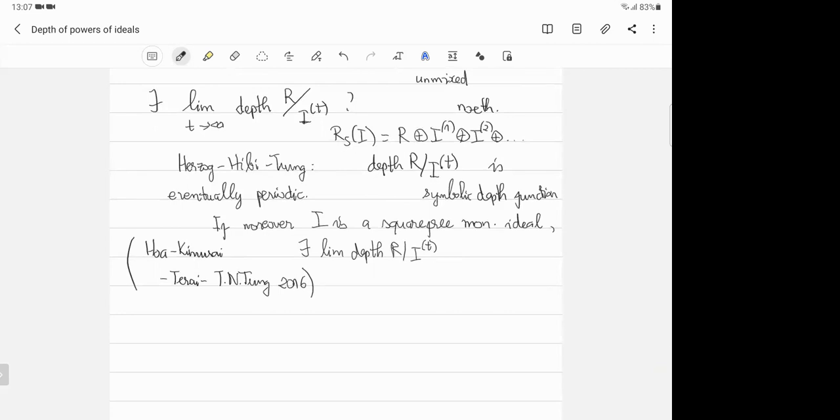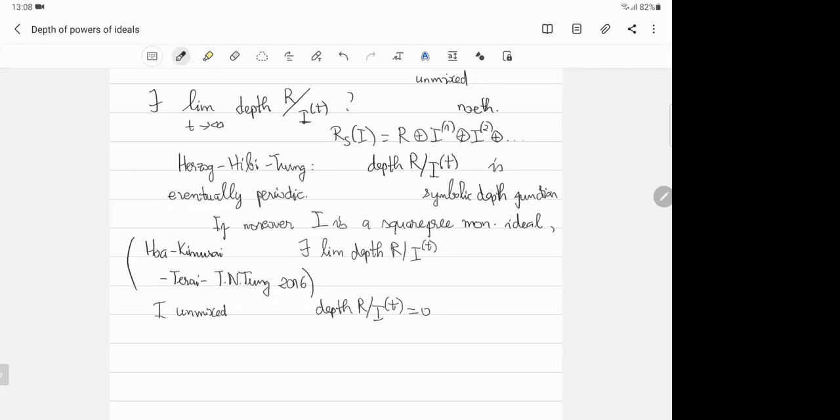And what is the easiest example? You can easily show that if the symbolic depth function is 0 at some point, then it would always be 0, if I is unmixed.